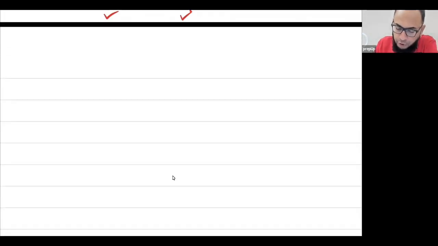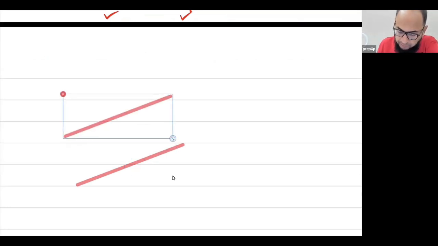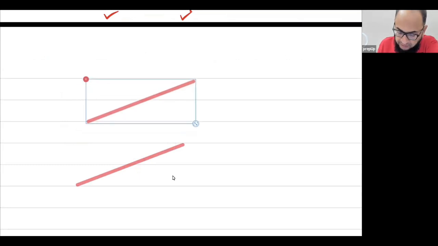So now let me draw some lines, just to give you an idea. I draw a line like this, and let me just copy this. I'll paste it, something like this.